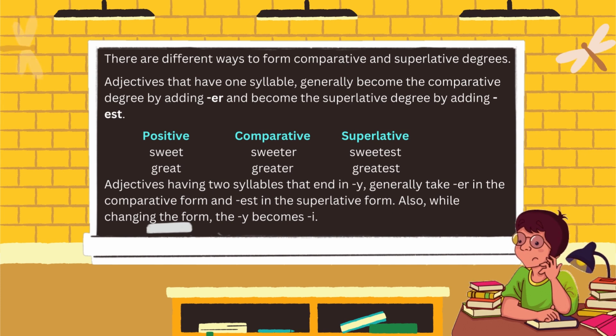There are different ways to form comparative and superlative degrees. Adjectives that have one syllable generally become the comparative degree by adding "er" and become the superlative degree by adding "est." Positive, comparative, superlative.